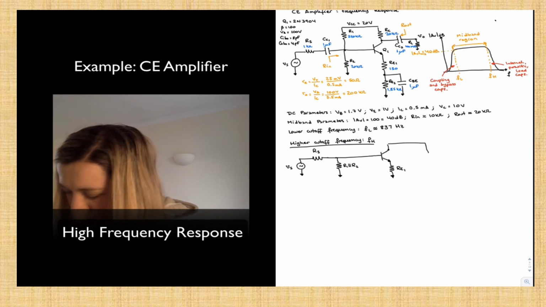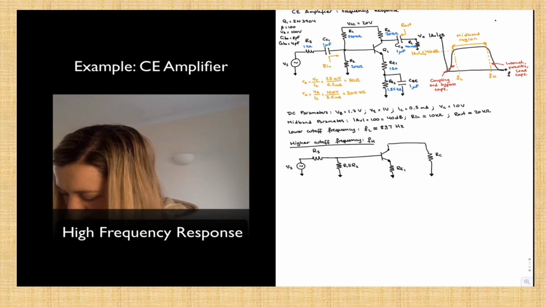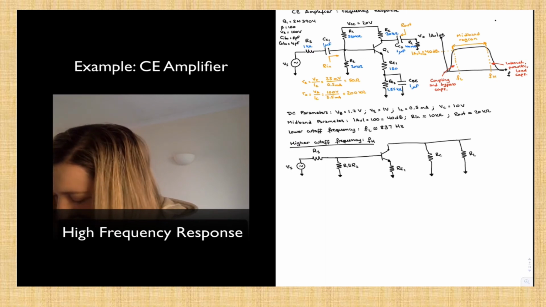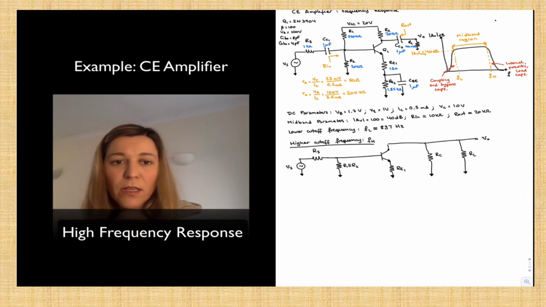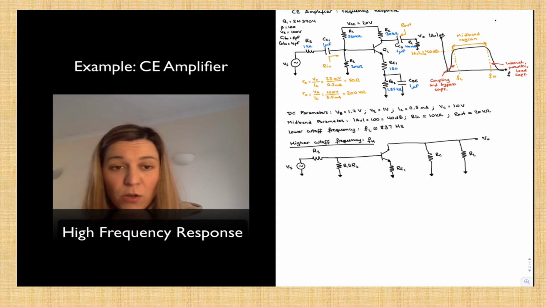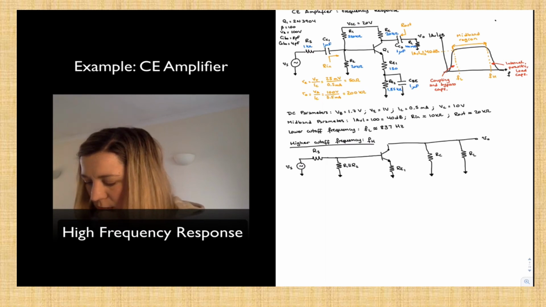So I'll have my RC going to ground, as well as my load resistor going to ground, and then here will be my output, V out. I have replaced all my bypass and coupling capacitors with short circuits, because now we're considering the high frequency region.